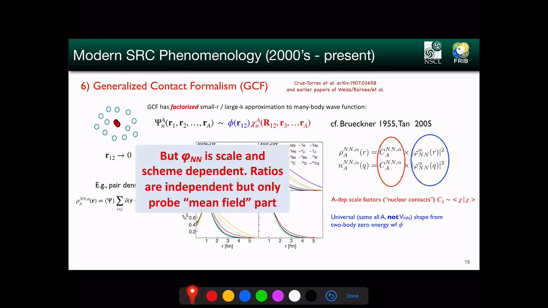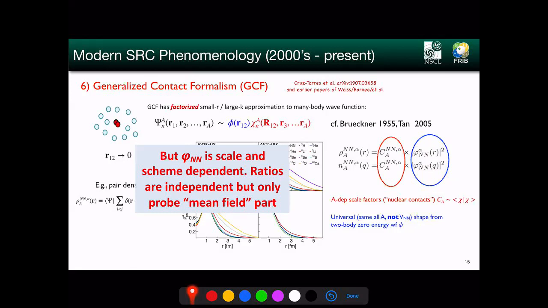Okay. And so the point of this analysis, which you can get a lot of mileage out of, is that if you look at things like ratios, which are predominant, for example, in the analysis of these inclusive scattering measurements, you find that all the scale and scheme dependent parts in blue cancel out, and what's left really is approximately scale independent.